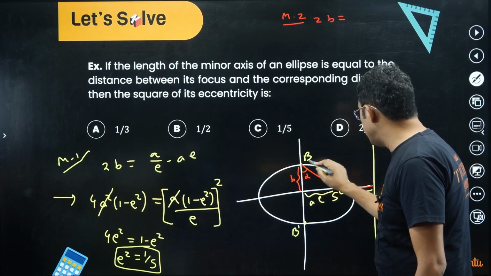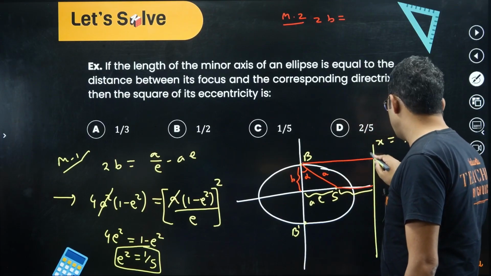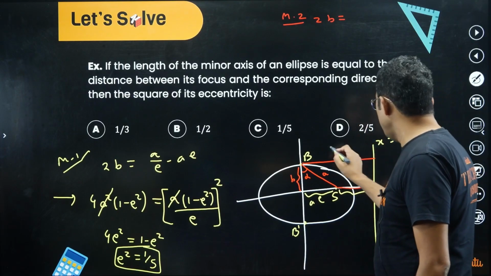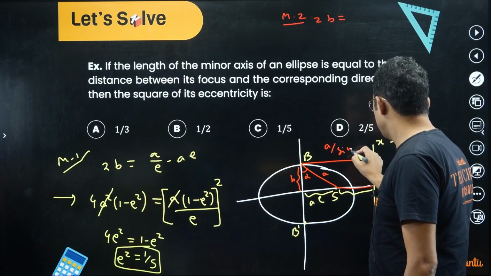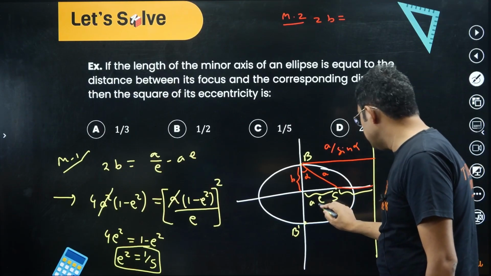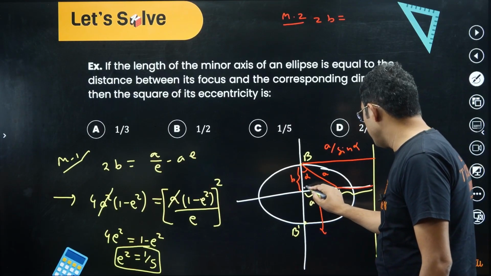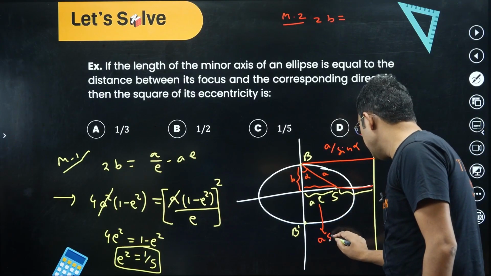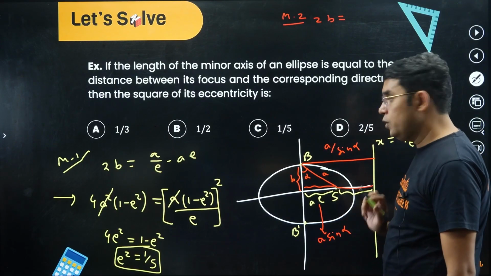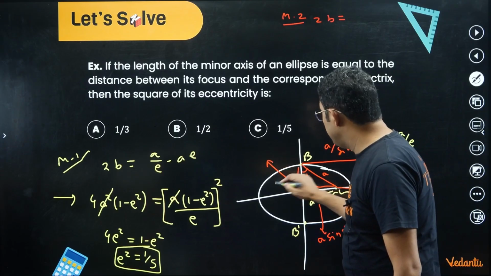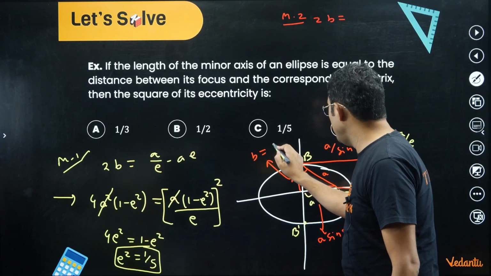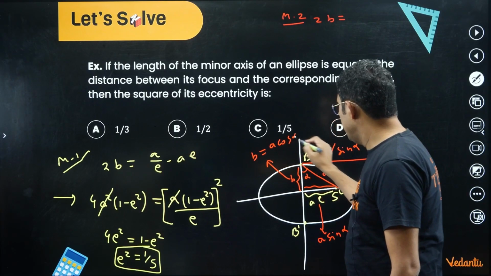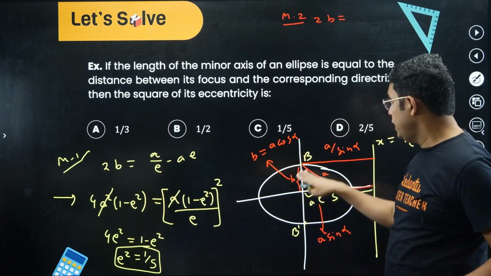Now dear students, I think this length you can write directly, it will be a upon sine alpha. Whereas this ae, the length from this to this, if you use this triangle, will be a sine alpha, if I'm not wrong. And this b would actually be a cos alpha in this diagram.